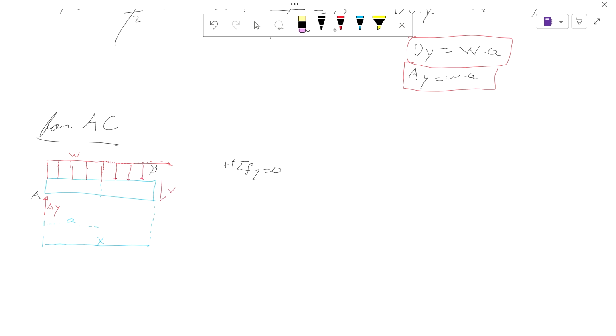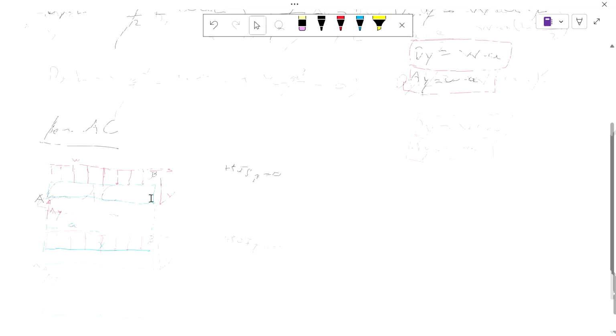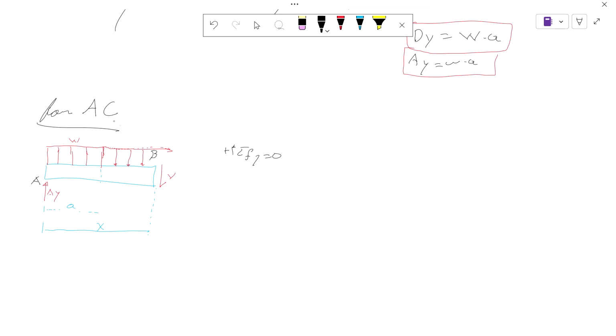Because if you notice, at this point we had that V was going to be AY minus WA, and AY is WA, so V was 0. And that makes sense because after the distributed force, at this point we just found out that the shear force V is 0. We care about where the shear force is not 0.